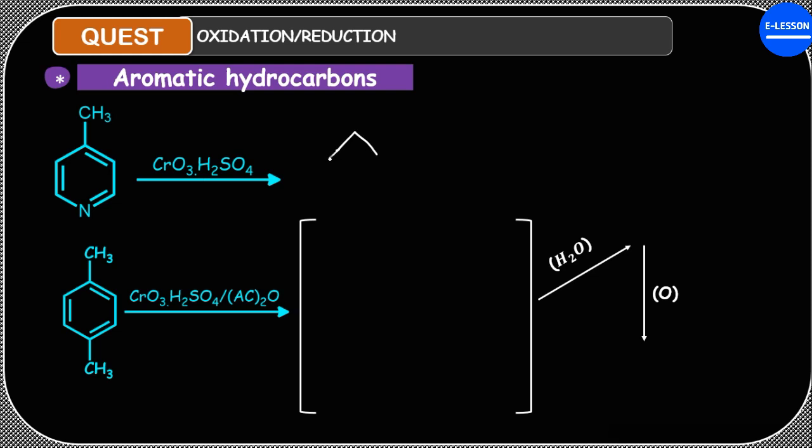This is 4-methylpyrimidine. So let's name it here. When it oxidizes, this will be oxidized also to this product.